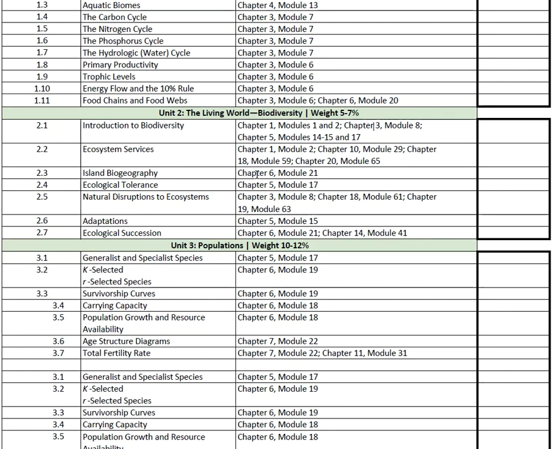Ecological succession, again, I think would be important as well. I'm just listing these in terms of what I think the priorities would be. Similar to ecological tolerance, then I think natural disruptions to ecosystems is probably next, and then maybe island biogeography and adaptations.